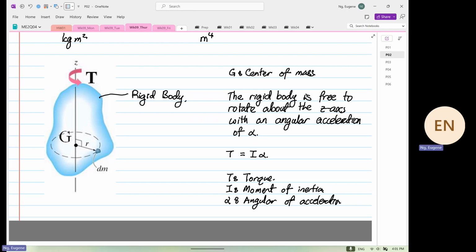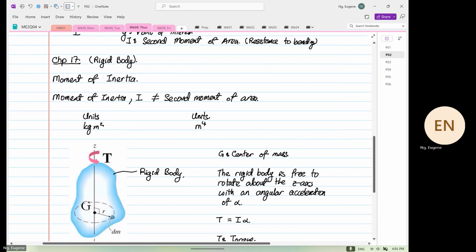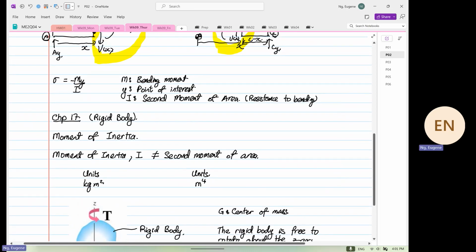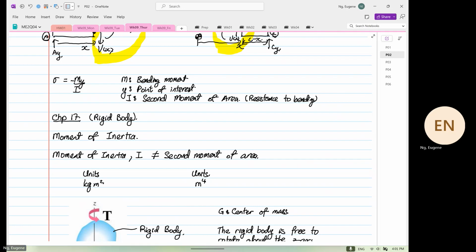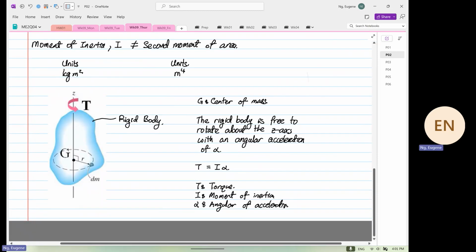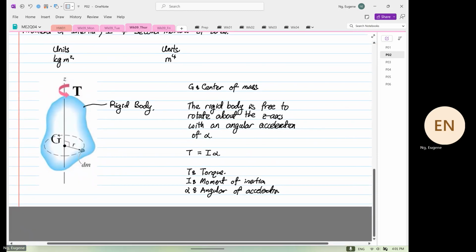So we just physically saw that I, second moment of area, is resistance to what? Resistance to bending, right? So what about I now? Resistance to what? Who say acceleration?